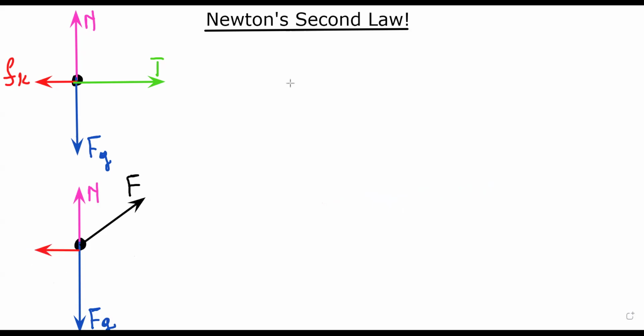But it's not only the kinetic frictional force, we also have the tension force, which of course is going to the left because the 4 kg block is pulling this 10 kg block towards itself. So this is how the free body diagrams of the two objects are supposed to look.